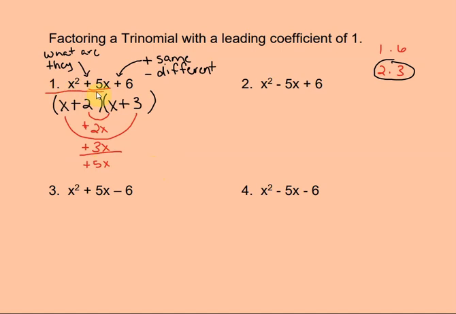So that means that this is my solution. And as I said earlier, it doesn't matter what order those binomials are in. I could have also had x plus 3 and x plus 2. That would have been a correct answer for factoring this trinomial.